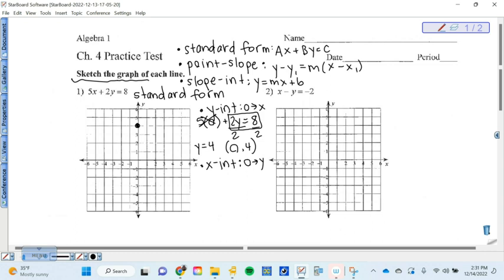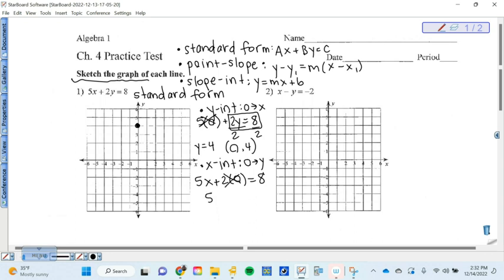Now I'm going to plug in 0 for y to find my x-intercept. So that means I rewrite my equation, but instead of y, I'm writing 0. So I've got 5x plus 2 times 0 equals 8. What is 2 times 0? 0. So this term goes away.